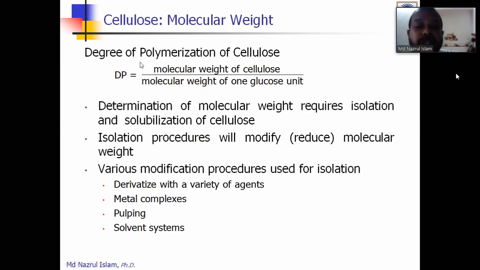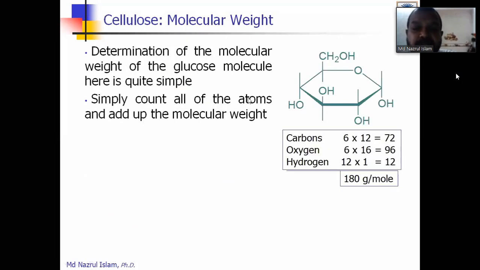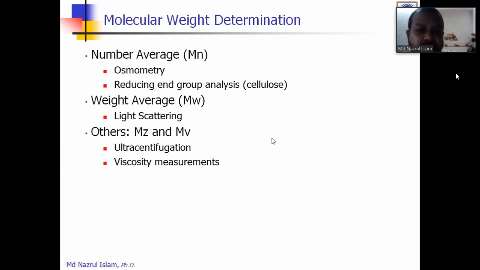Degree of polymerization: there are different formulas for it. It uses the molecular weight of the cellulose and the molecular weight of each unit, which means the molecular weight of a single glucose unit, and the total length. That gives you the degree of polymerization, which we know is around 8 to 10,000. There are different formulas that you have studied earlier.